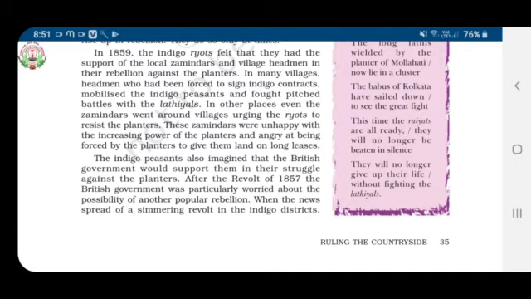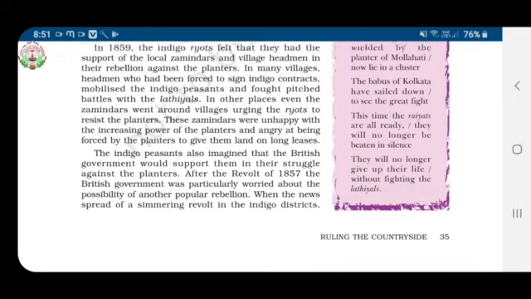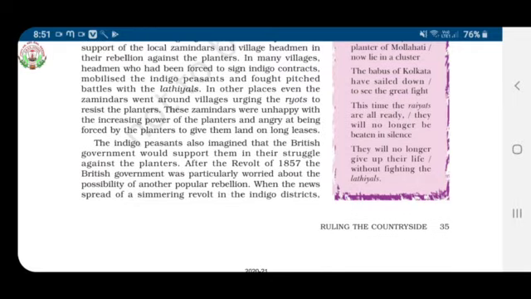In 1859, the indigo ryots felt that they had the support of the local zamindars and village headmen in their rebellion against the planters. In many villages, headmen who had been forced to sign indigo contracts mobilized the indigo peasants and fought pitched battles with the lathials.